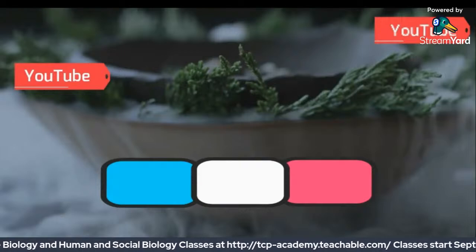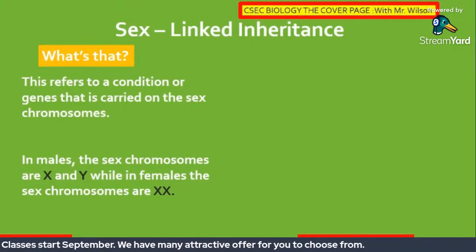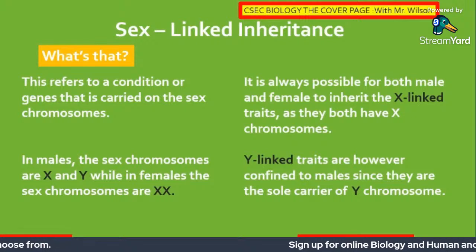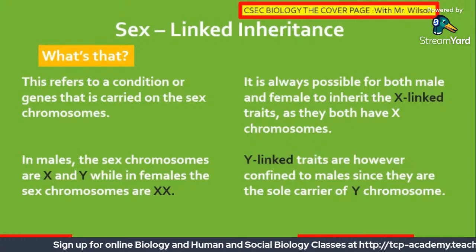It refers to a condition or genes that is carried on the sex chromosome. In males, the sex chromosomes are X and Y, while in females, the sex chromosomes are XX. It is always possible for both male and female to inherit the X-linked trait, as they both have X chromosomes.